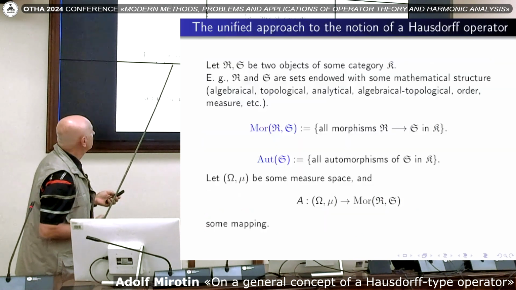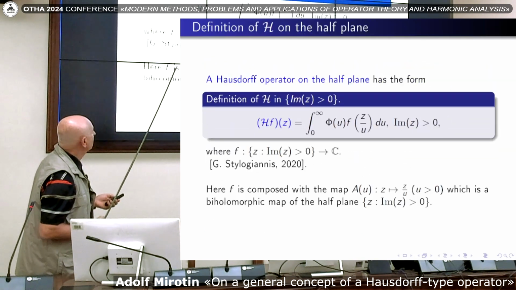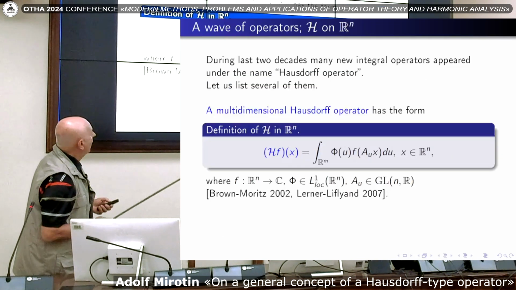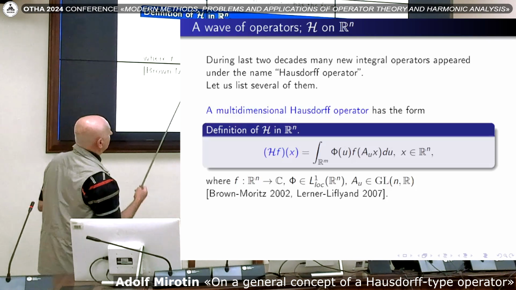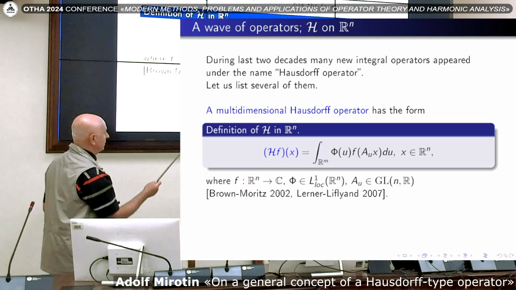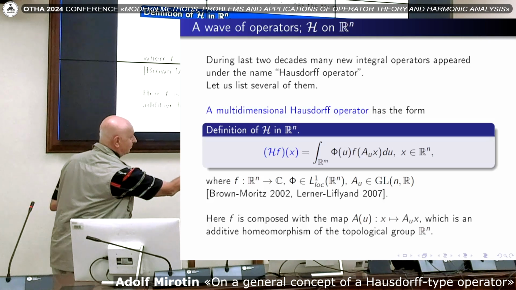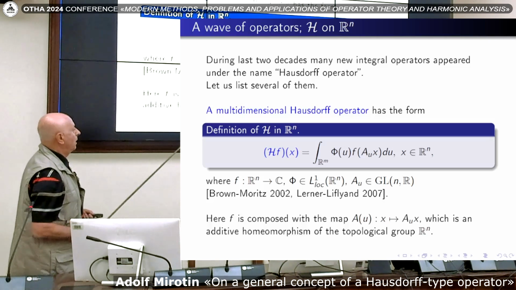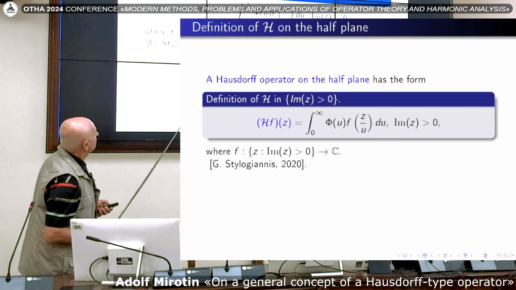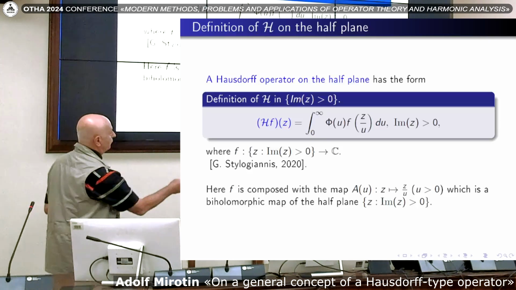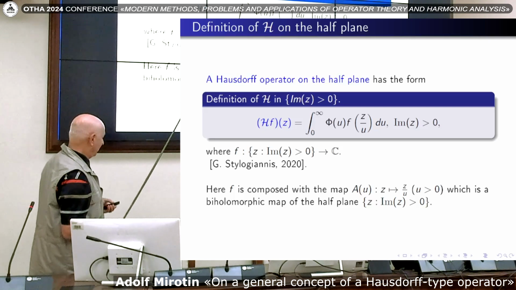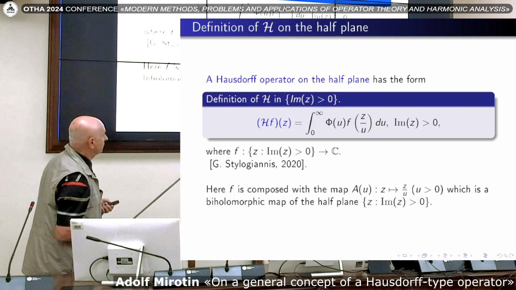Let's come back to the beginning. For example, in the Hausdorff operator on the Euclidean space, the multiplication by a non-singular matrix is a general form of the automorphisms of R^n as an additive topological group. And in this example, A of u is automorphisms of the upper half plane as a one-dimensional complex manifold.